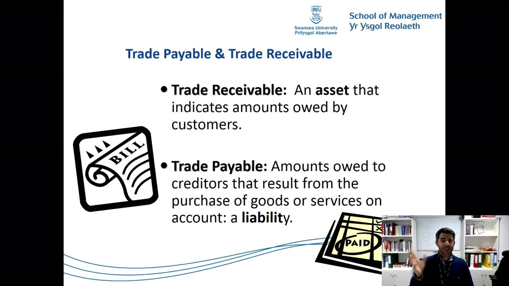Trade payable is the opposite, right? So we did say sales made on credit is related to trade receivables. The opposite, we say purchases made on credit is to do with trade payable. I'm talking about the business, isn't it? So think about it now.